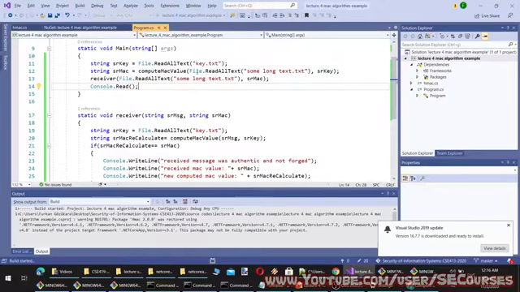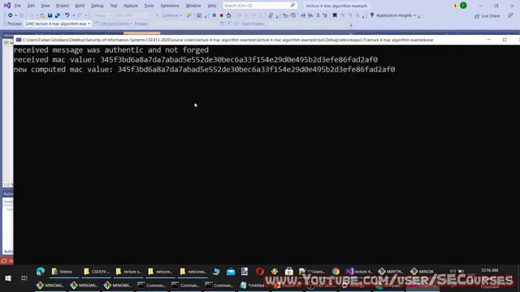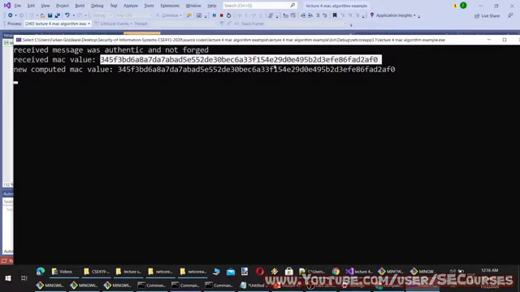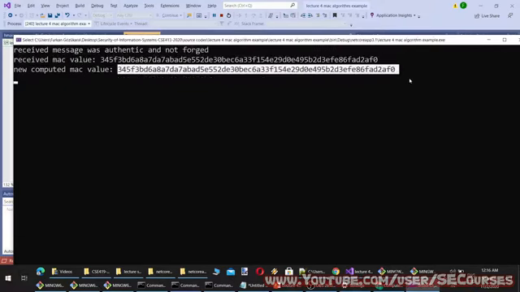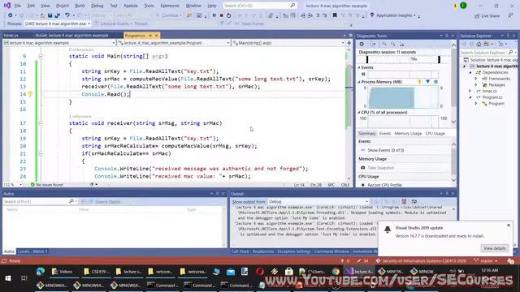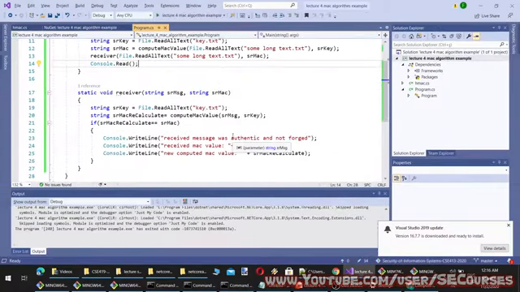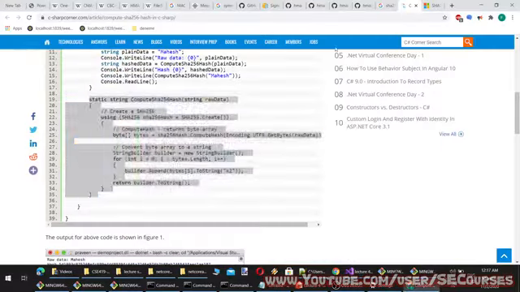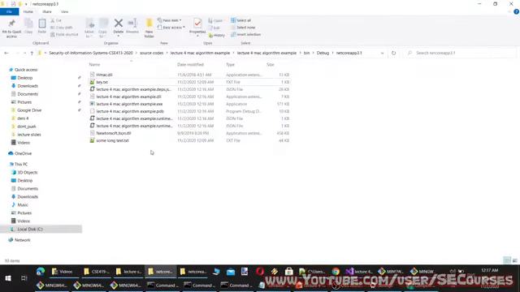So here basically we are making a demo of MAC usage between sender and receiver. It says received message was authentic and not forged. You see the received MAC value was this and the new computed MAC value was this. For this to work, both sender and receiver have to have the same key. Even if I change a letter, this wouldn't work.